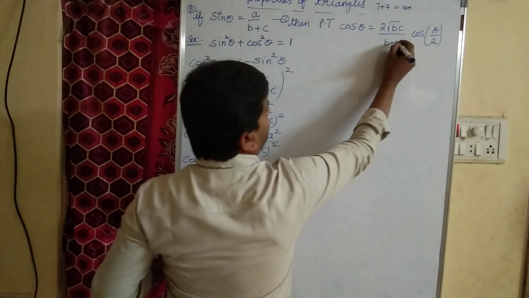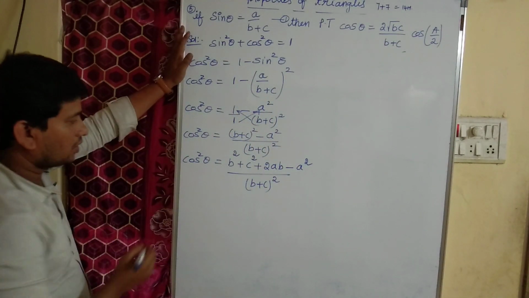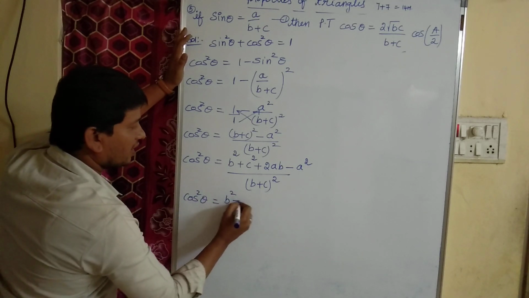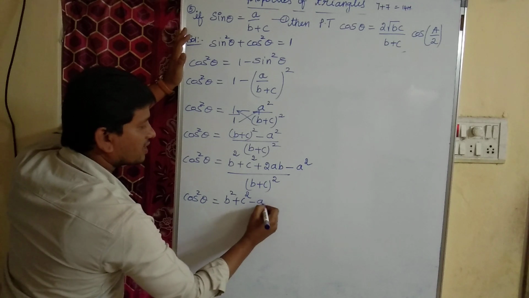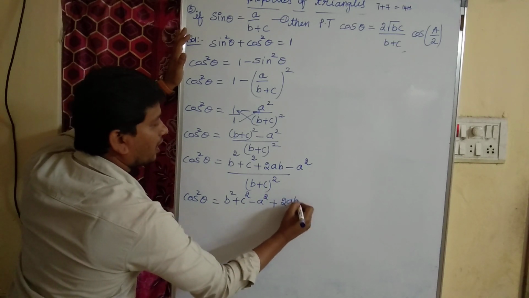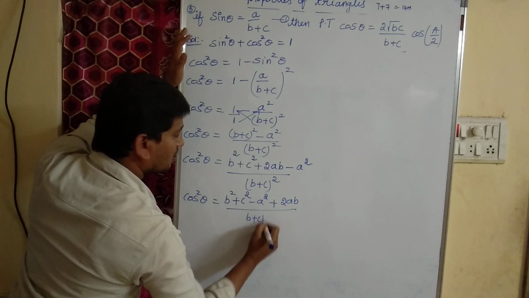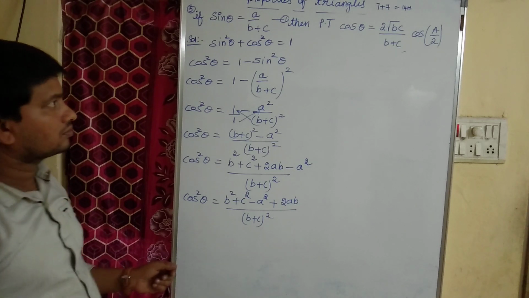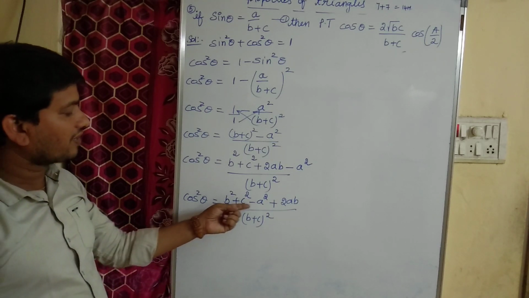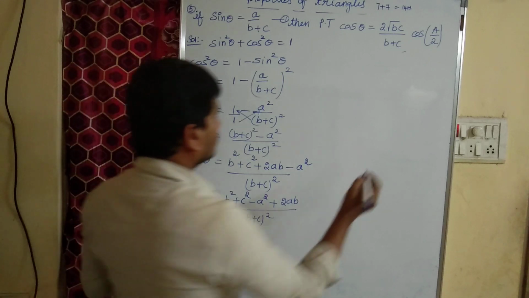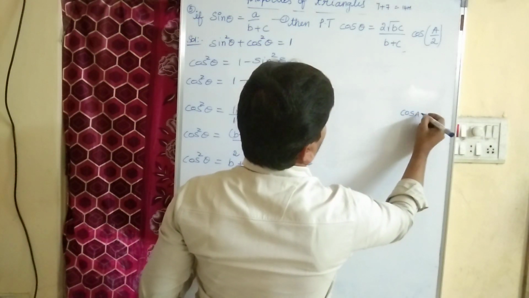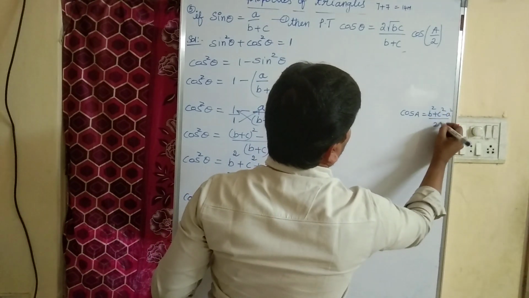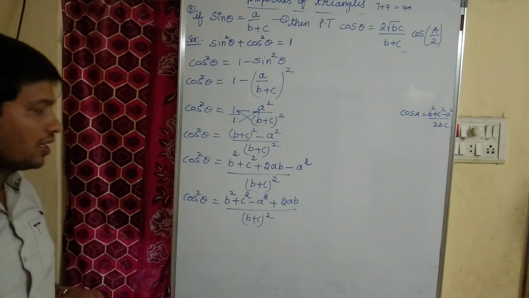Now here cos square theta equal to, let me write as b square plus c square minus a square plus 2bc by b plus c whole square, right? Also we know that the formula for cos A is b square plus c square minus a square by 2bc.